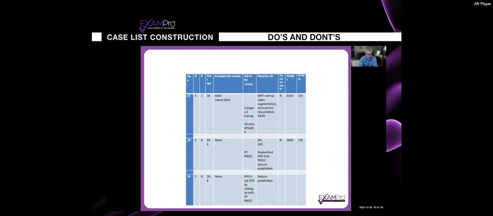Patient number 18. This is another way to list the patient. Postpartum day 4, status post SVD by colleague with postpartum preeclampsia. Now, we don't need to know all the complications that the patient had, like she was diabetic or this or that during the antepartum, because we had nothing to do with the antepartum except maybe providing prenatal care, but we didn't have anything to do with the admission or delivery.